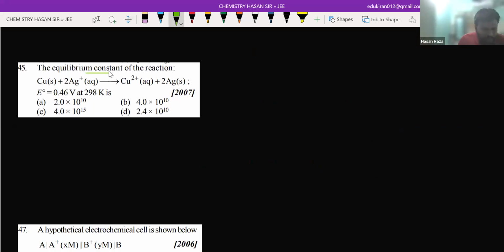You need to calculate the value of the equilibrium constant. So you can easily solve it. Basically, from the Nernst equation, there is a relation between E naught cell and K. And from there, you can easily solve it. If you have revised it, it's easy. And if you're not able to solve it, just let me know.